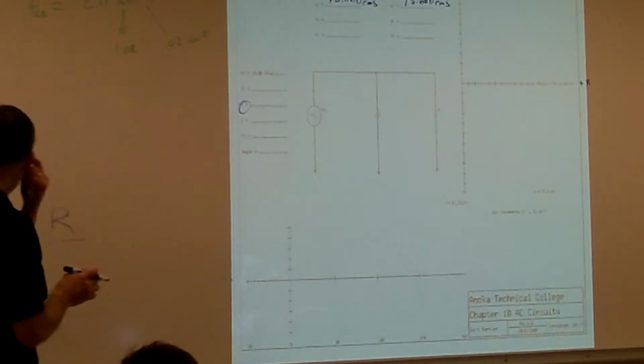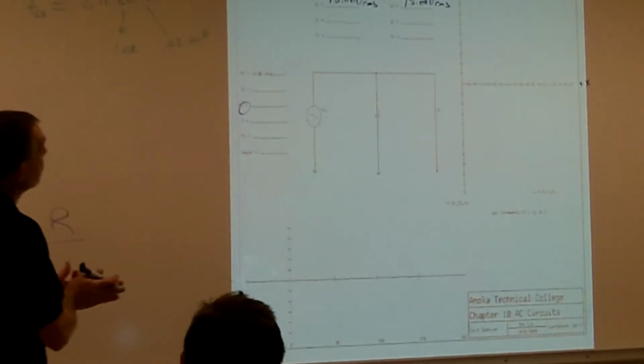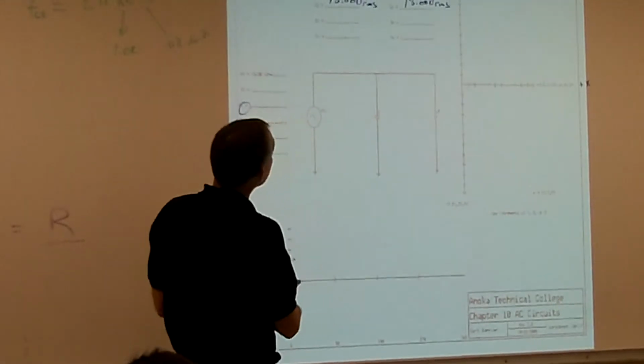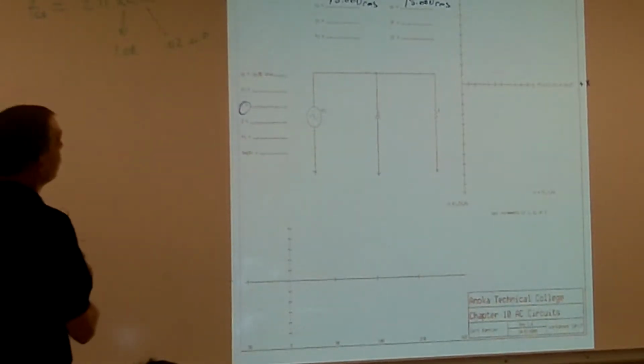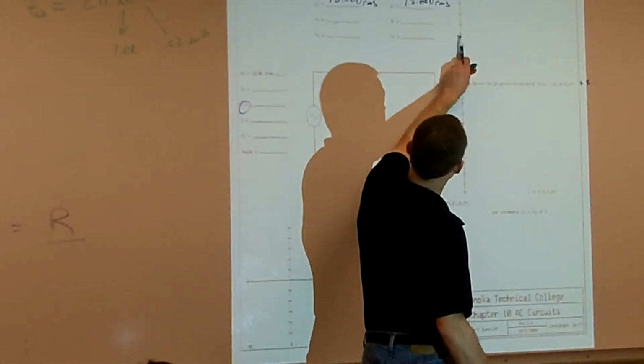So it should be a very small number. Is this circuit going to have more conductance or more susceptance?